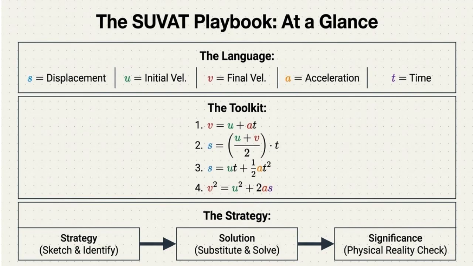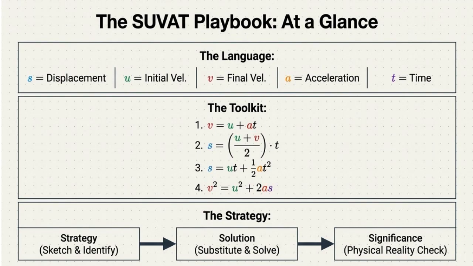To wrap up, let's review the SUVAT playbook in one clear overview. We start with the language, defining the key terms: displacement, initial velocity, final velocity, acceleration, and time. Then, the toolkit consists of 4 main equations that link these variables. Each equation is designed to help solve different parts of a motion problem depending on what is known or unknown.